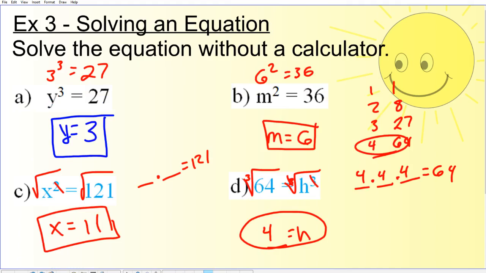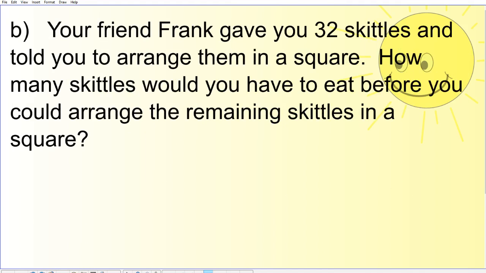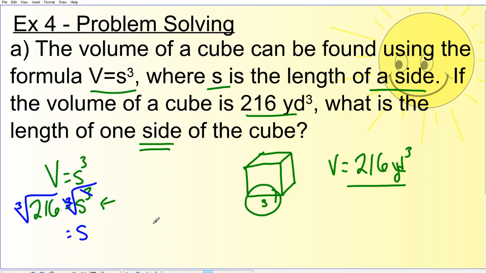You can look at any of these previous tables. If you don't like the tables, you got your brain. What number times by itself three times is 216? And you should find the answer, no matter what method you choose, is 6. The cube root of 216 is 6.